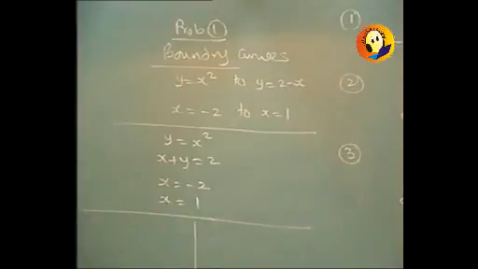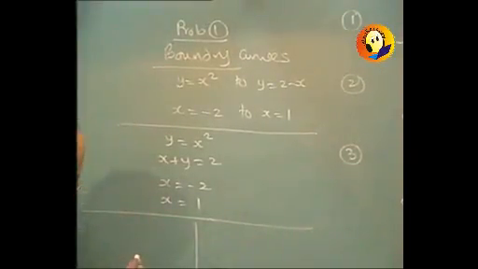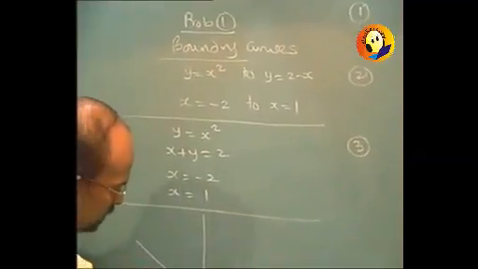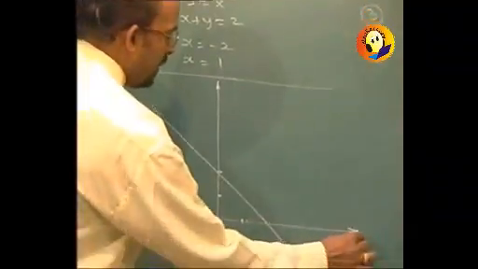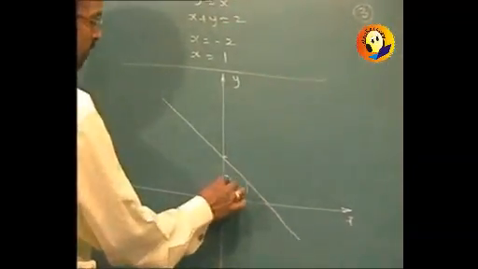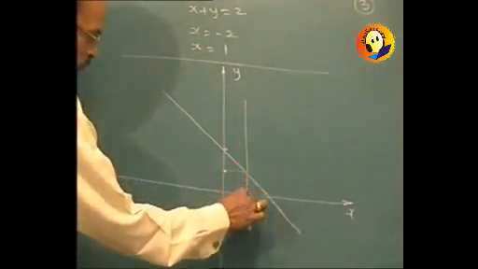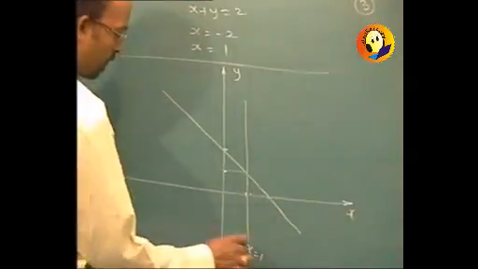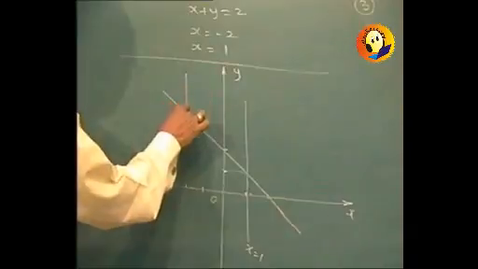Out of these, the line x plus y equal to 2 is the line which passes through 2, 0 and 0, 2. So it is going to be a straight line like this, x-axis, y-axis. This is point 1, 1 which is on it, because we require the line x equal to 1 also in this case, and we also require the line x equal to minus 2.